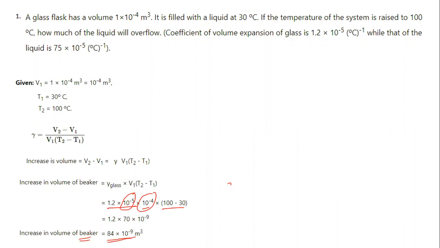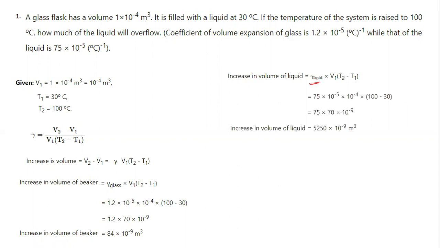In a similar manner, we can find the increase in volume of the liquid after the expansion. Again, here we have to use gamma for the liquid, everything else is as it is. Then we get an increase in volume of 5250 into 10 raised to minus 9.